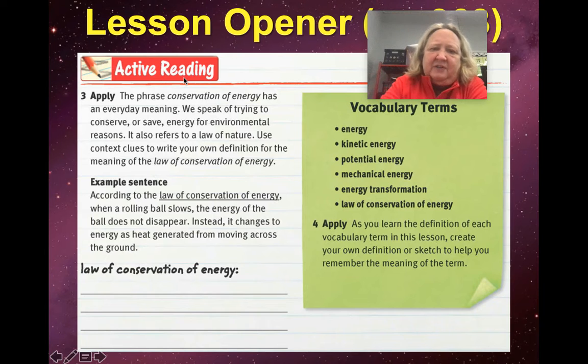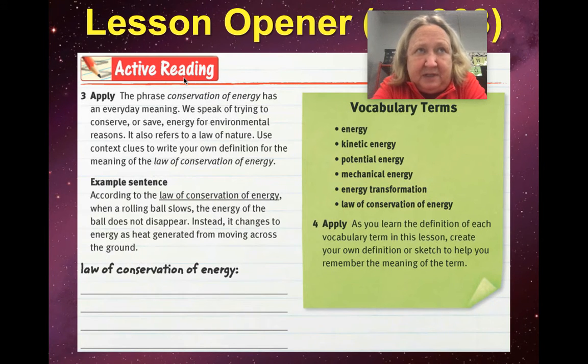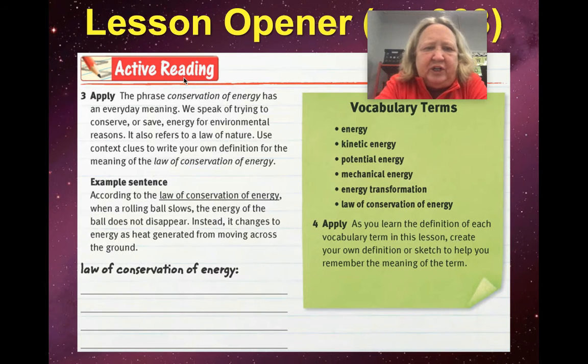Okay, law of conservation of energy, and we will talk a lot about that, not in today's presentation, but probably either Friday or next week, okay? Energy is conserved, okay? It isn't created or destroyed, okay? So that's where the word conservation is.